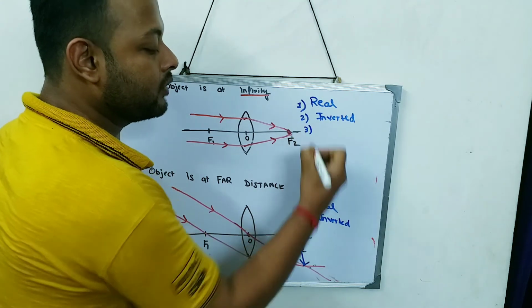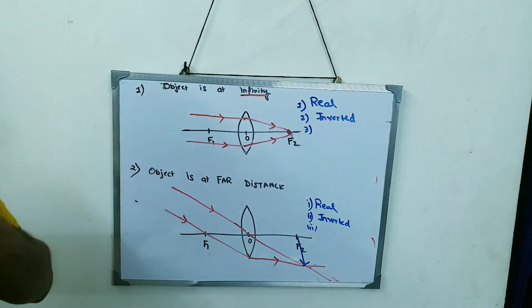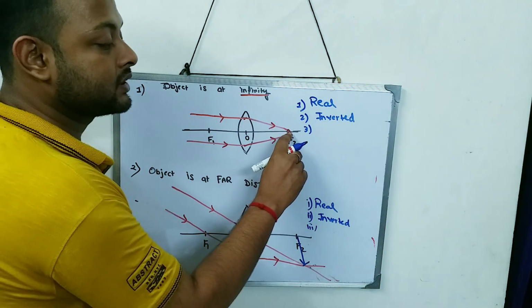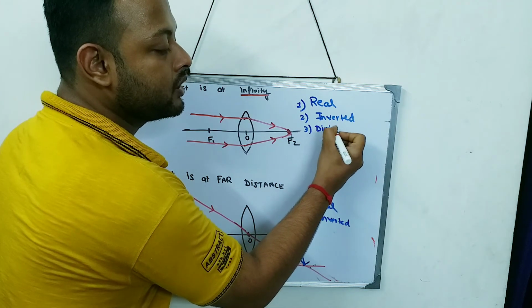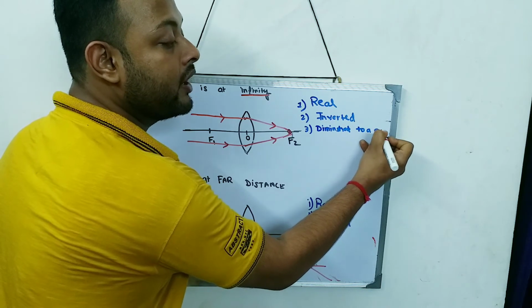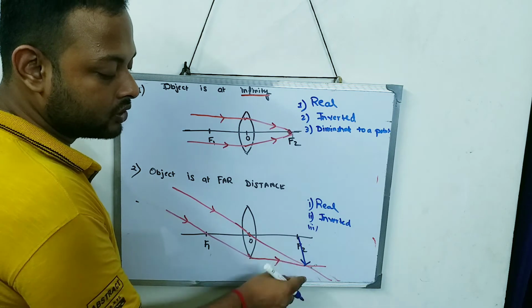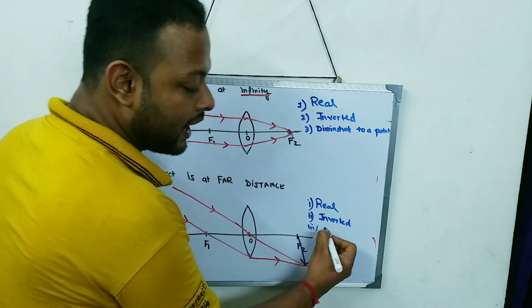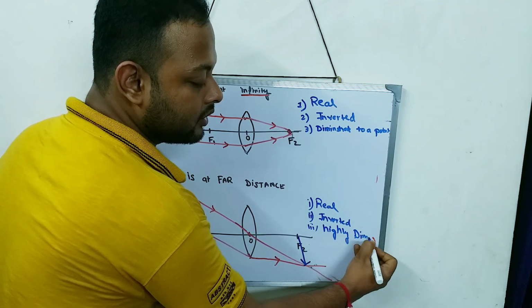Third point, we know this image size, it is diminished. Diminished means it is very small. I can say diminished to a point. Over here, you can also say it is highly diminished.